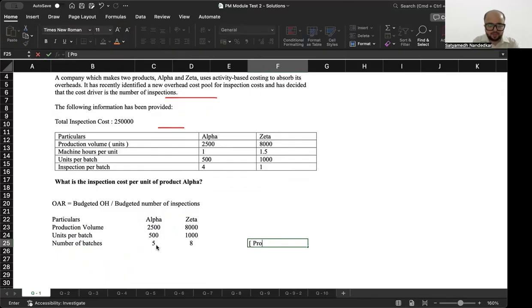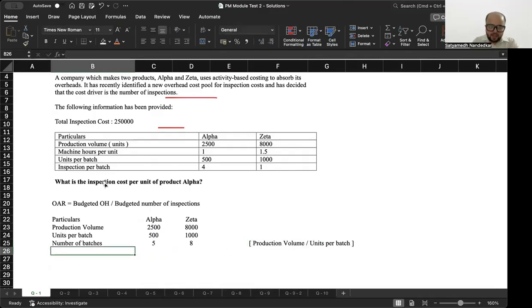How did I calculate this? This was basically production volume divided by units per batch. Okay. So now I know that I have the number of batches and what are the inspections per batch? Inspections per batch. This is 4 and this is 1.